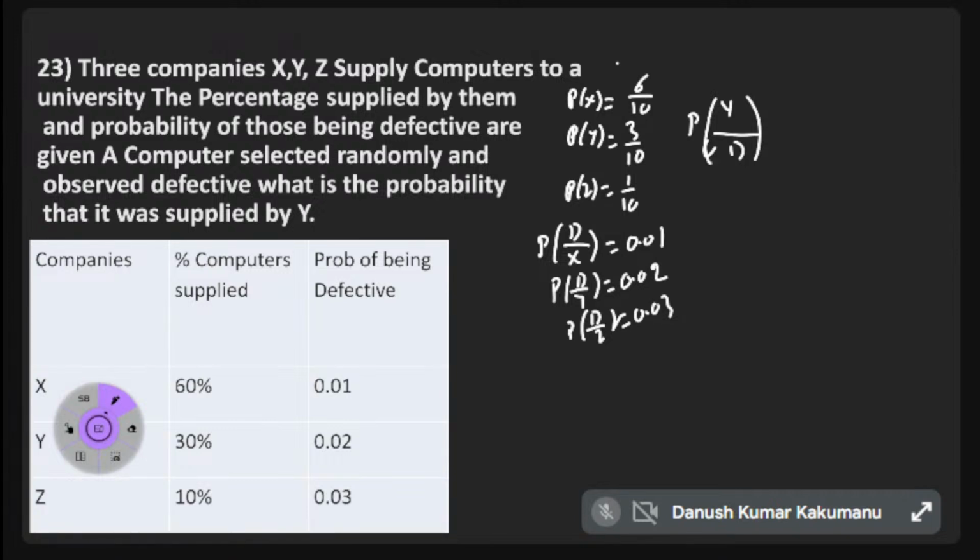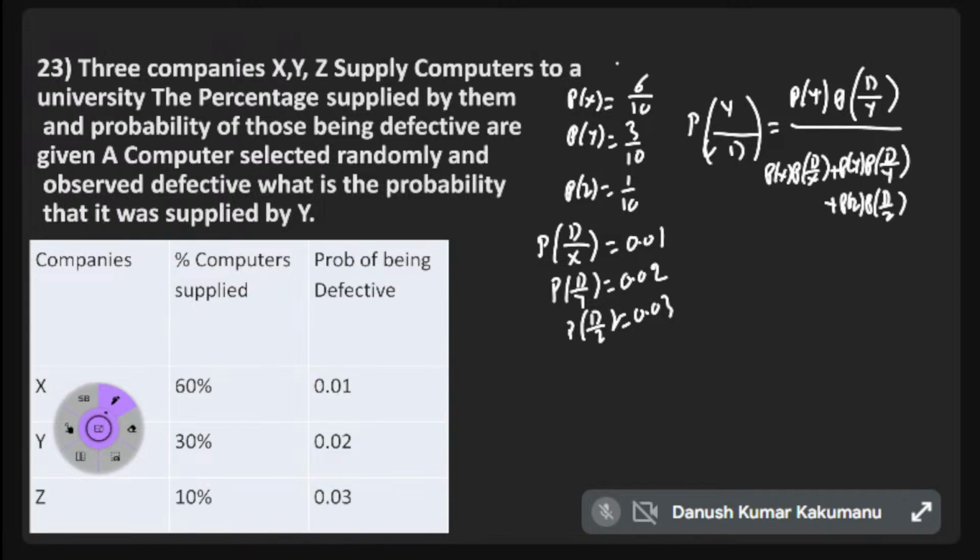Let's see what the answer is here. What is the Bayes theorem formula? P of Y into P of D given Y divided by P of X into P of D given X plus P of Y into P of D given Y plus P of Z into P of D given Z. Substitute and simplify all these values.